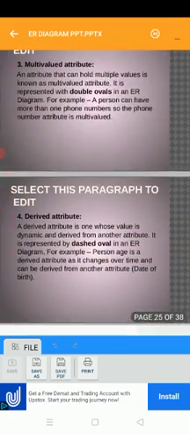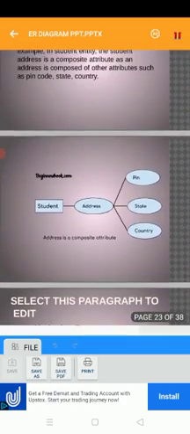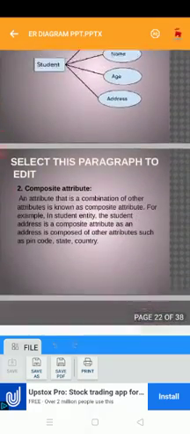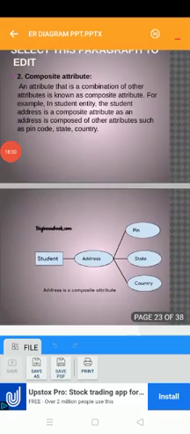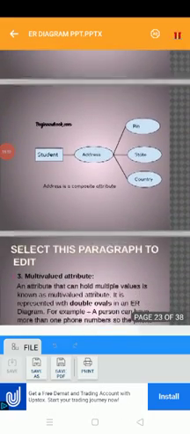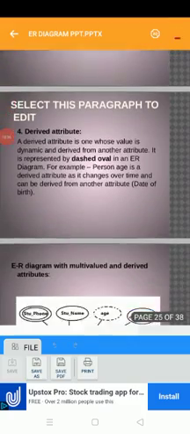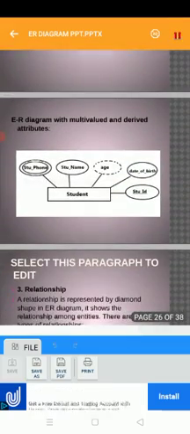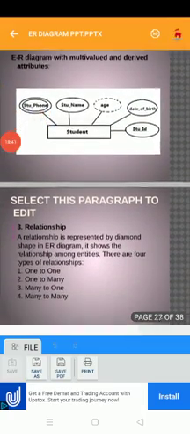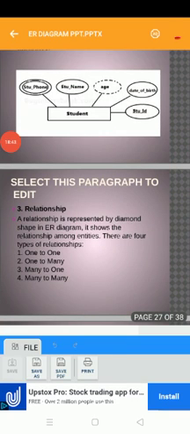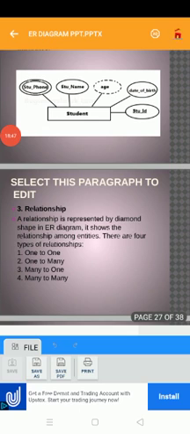In attributes we learn about key attribute, composite attribute, multi-value attribute, and next derived attribute. Next, in relationship we learn about one to one relationship, one to many relationship, many to one relationship, and next many to many relationship.